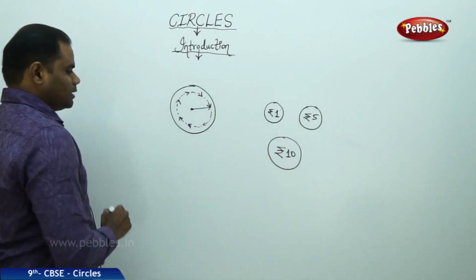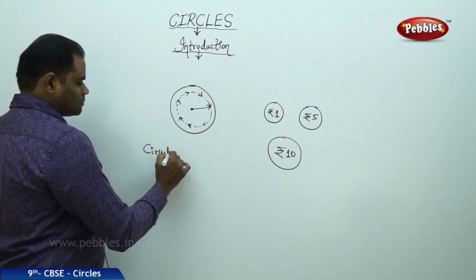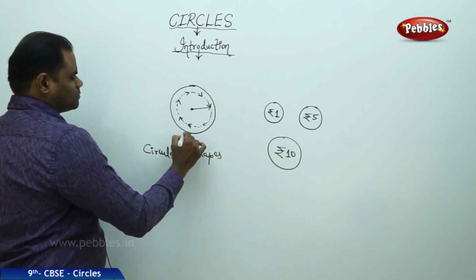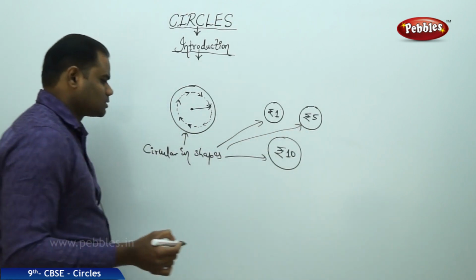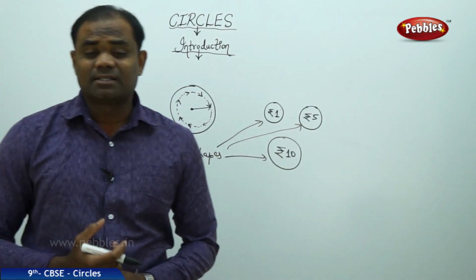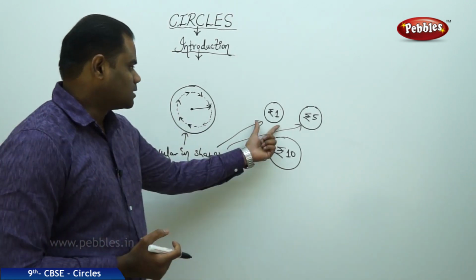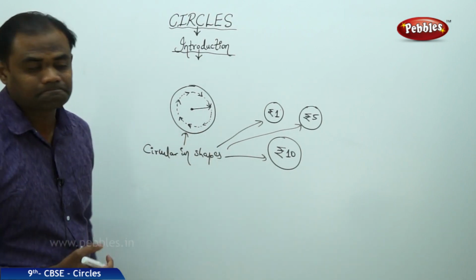This is how we understand a circle in real life models. This is a circle, this is a circle, this is a circle, and this is a circle.